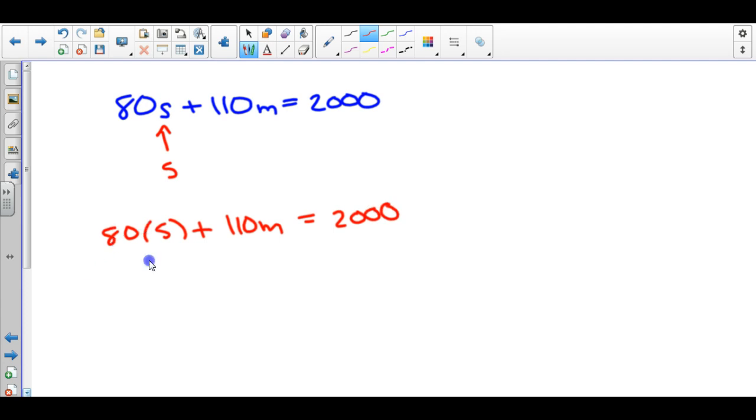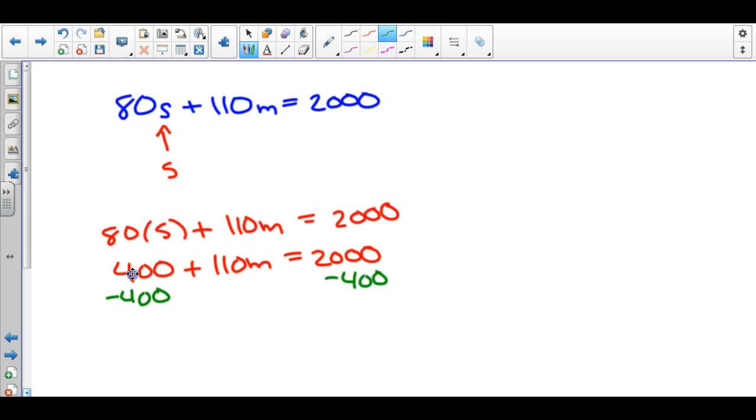So 80 times 5, 8 times 5 is 40. So $400 is how much they spent on just the snow tires. So if we're going to solve this equation, we would subtract the 400 first, which in context of my problem, the answer that we end up with here is how much money they have left to spend. So that comes out to 1,600, which means there's $1,600 left.